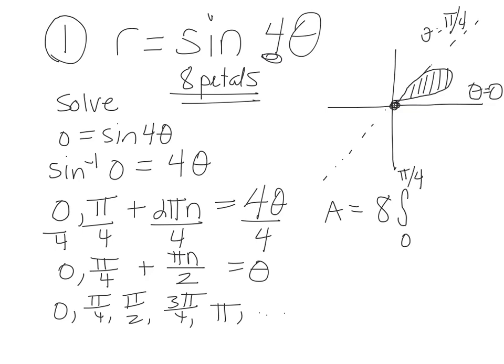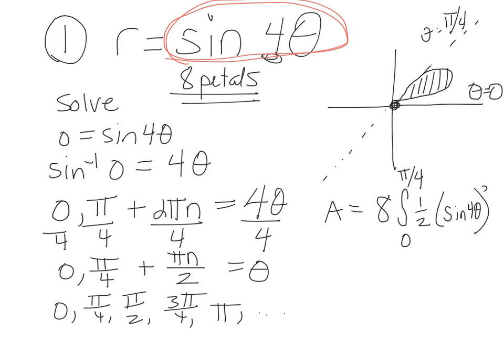And then I'm using that same formula that we just did the note card for, 1/2 r squared, and the r is this, r equals sine 4 theta, squared d theta. So this is how I'm going to find the area of the polar curve.